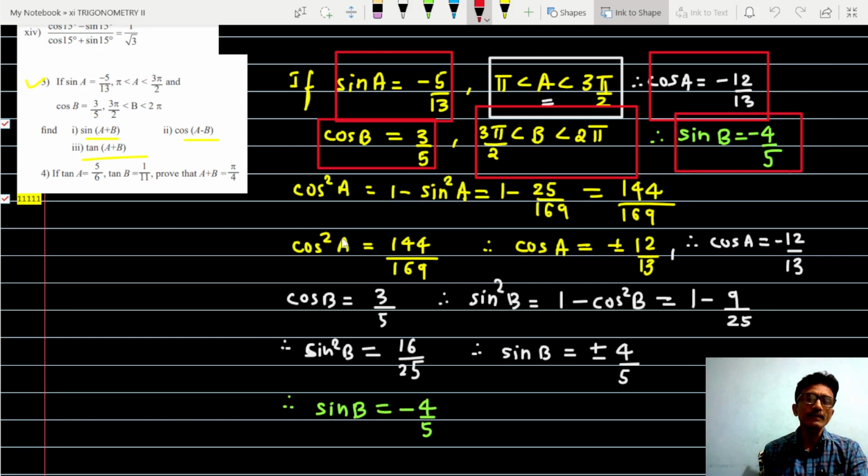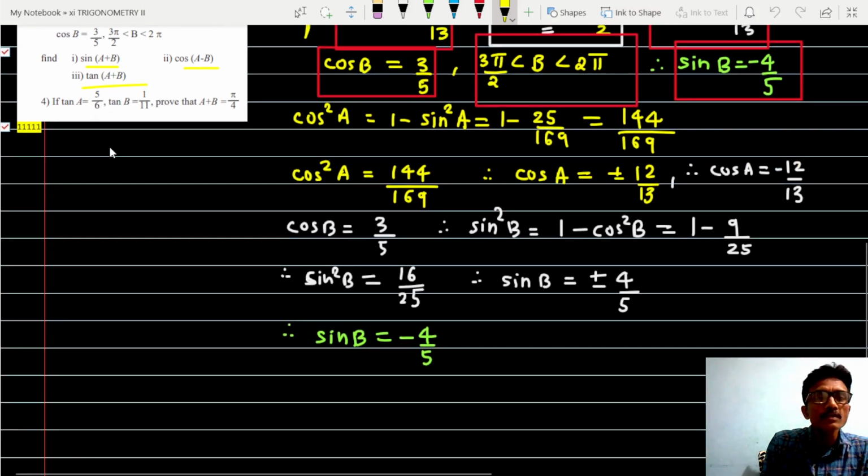So we can get sin of A plus B. What will be the sin of A plus B? Sin of A plus B equals sin A cos B plus cos A sin B.